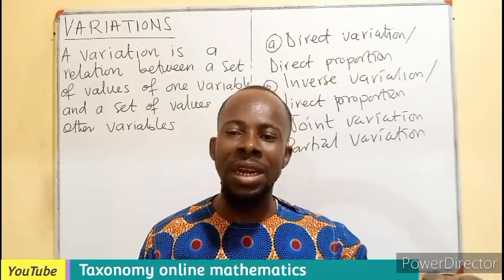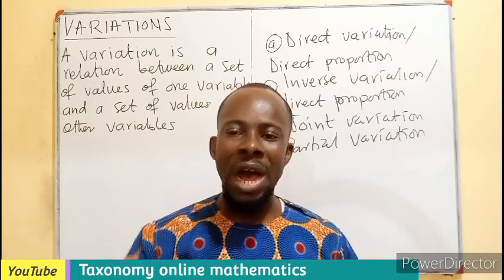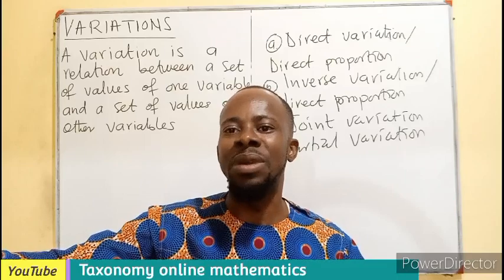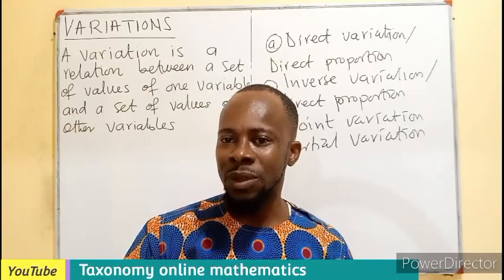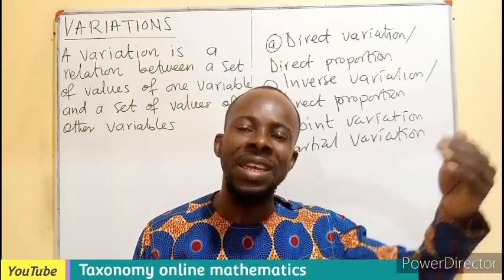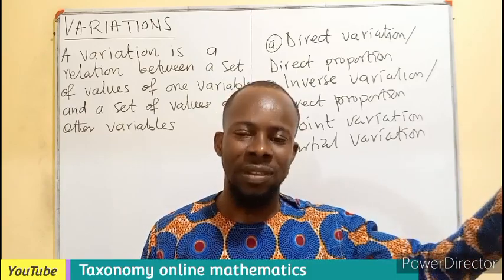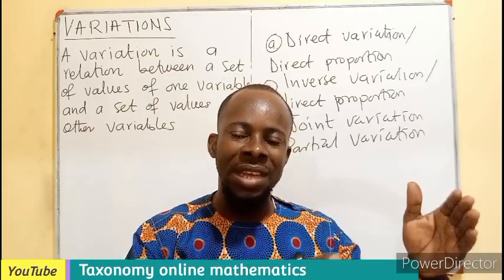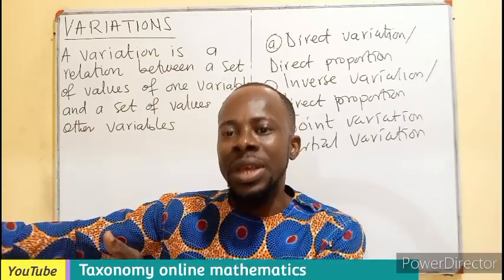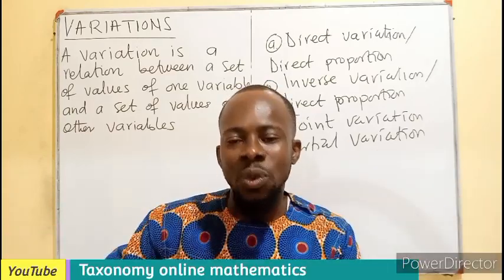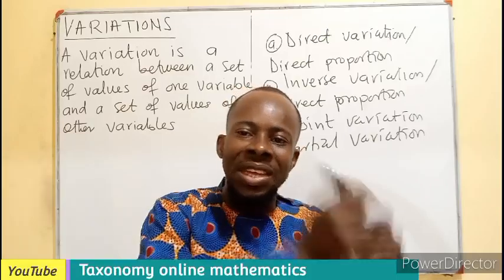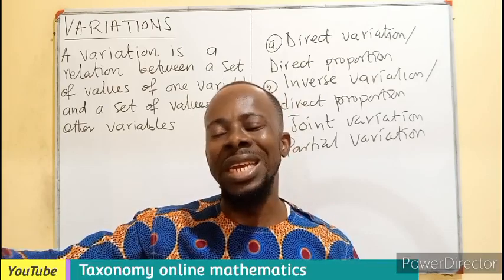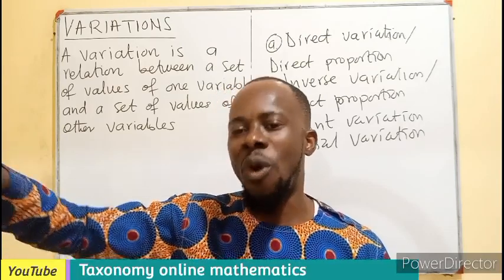As you buy one, you pay 10 Ghana cedis. As you buy two, you have double of that 10 Ghana cedis, which becomes 20 Ghana cedis. So as long as you are increasing the quantity, the price also increases. So we are saying this is a direct relation, or a direct variation, whereby a change in the quantity brings a change in the price of the books.